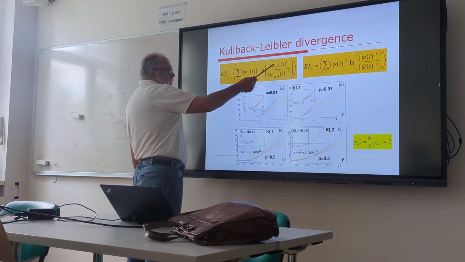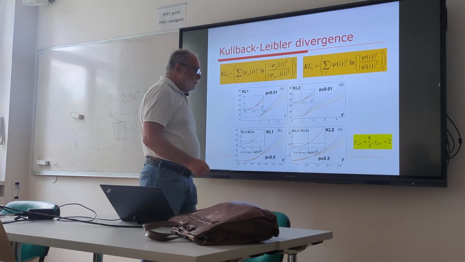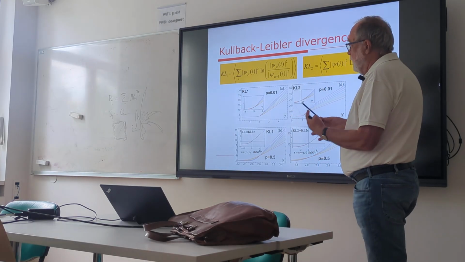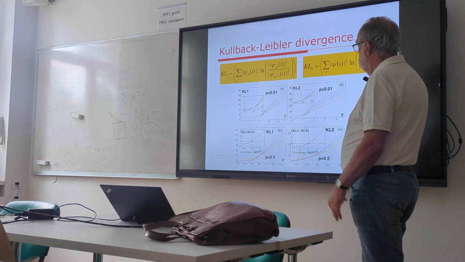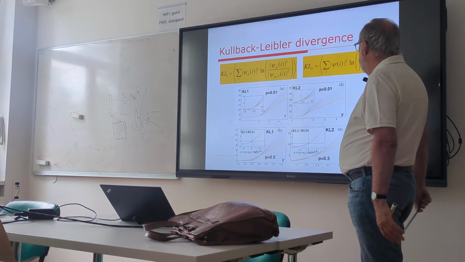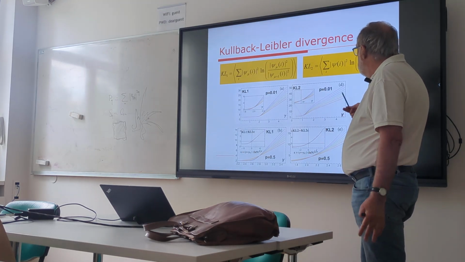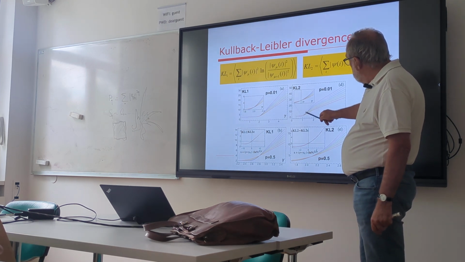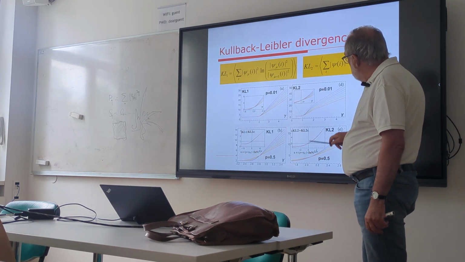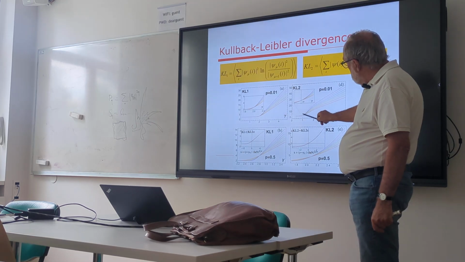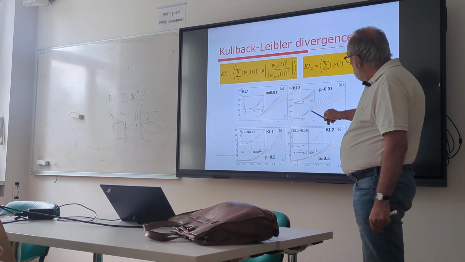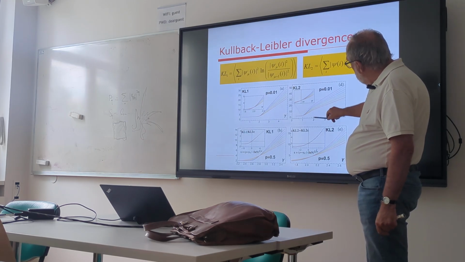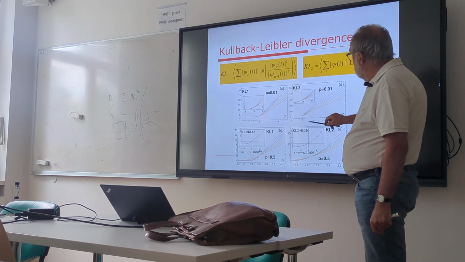And when they do not overlap, this logarithm is large. Of course, in a finite sample, they find some pieces overlapping, but in the infinite sample, they do not overlap. So what we see is that if you take this KL2, we see the transition at 1, so the divergence starts. But then we also see the transition at 2, even though it is softer.